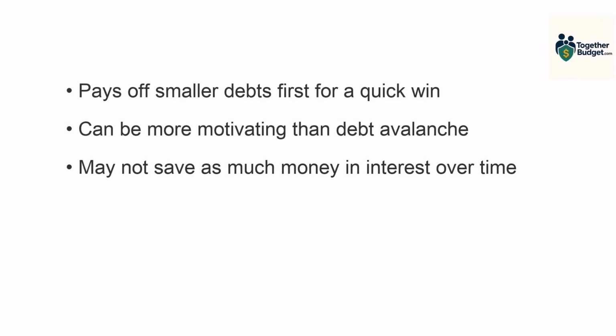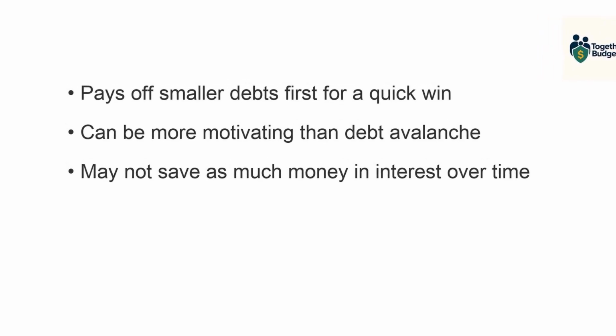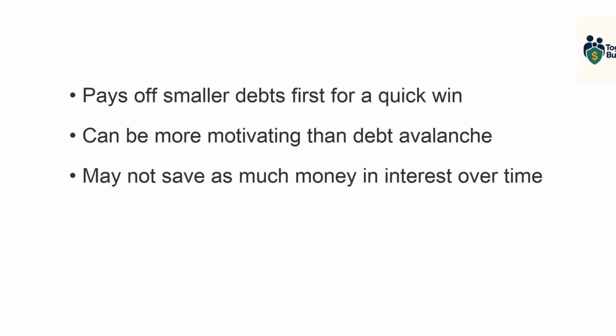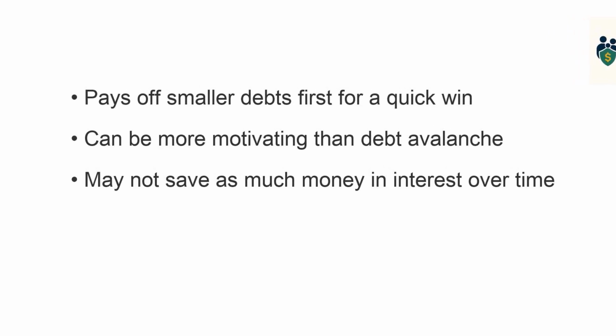Imagine you have multiple debts, each with its own interest rate and balance, and you could pay off the one with the highest interest rate first, which is known as debt avalanche. However, if paying off high interest debt takes too long, it can be discouraging.